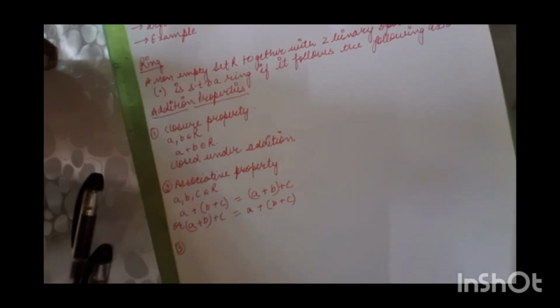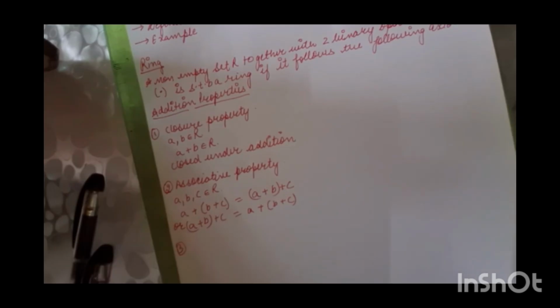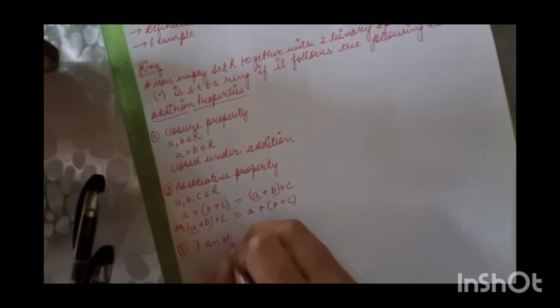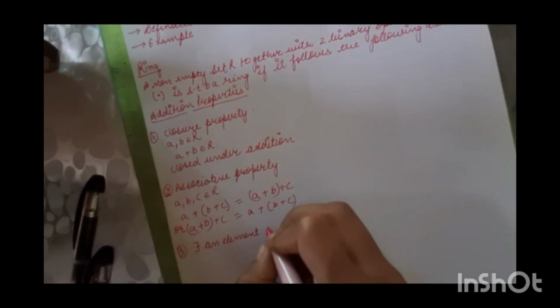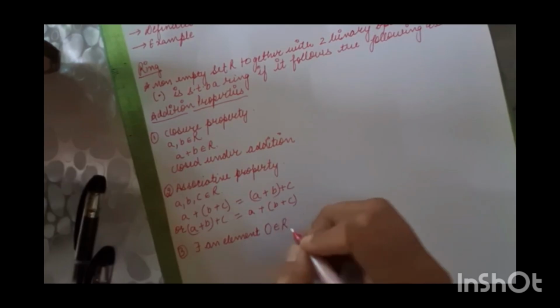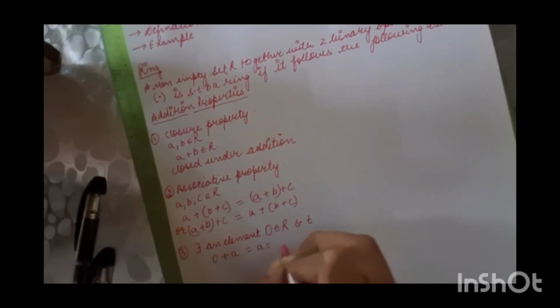Now the third property is called the existence of additive element. There exists an element, this one, 0 belonging to R, such that 0 plus a should be equal to a, which is equal to a plus 0.